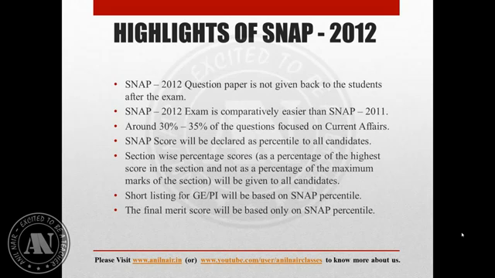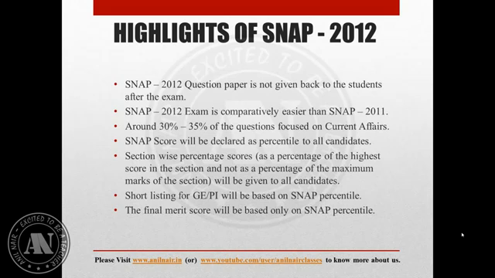A very important note with respect to today's paper: this year the SNAP scorecard will be declared as a percentile to all candidates, and section wise percentage scores, not as a percentage of the maximum marks but as a percentage of the highest score in the section, will be given to all candidates.